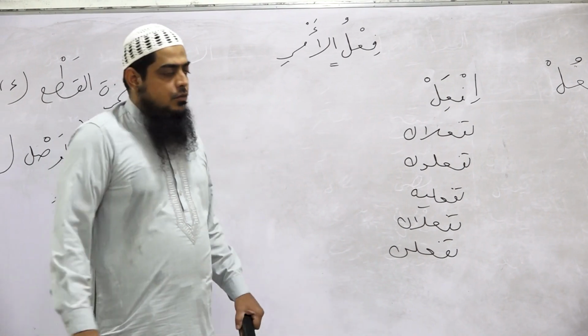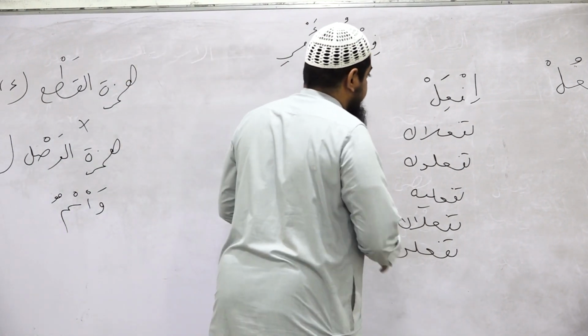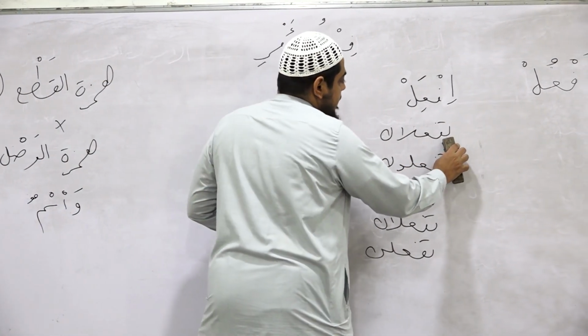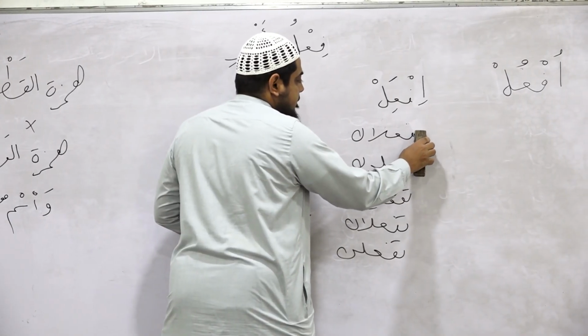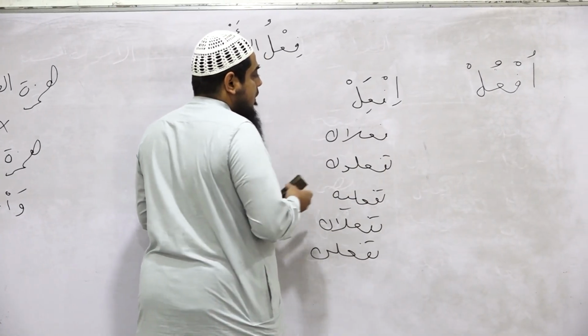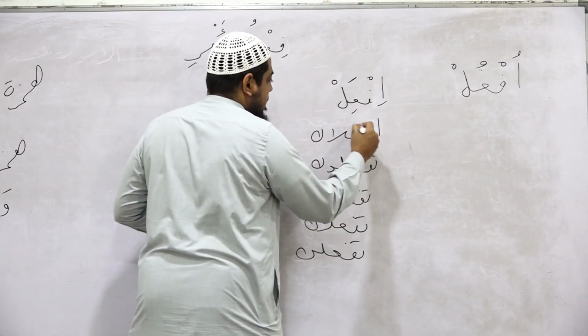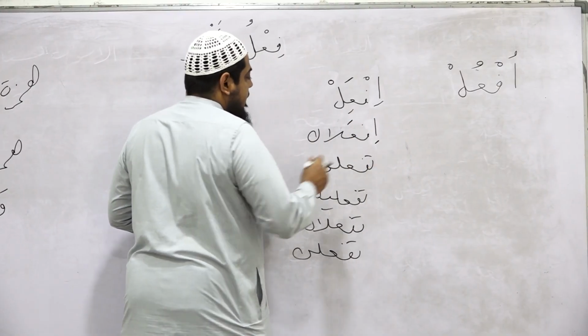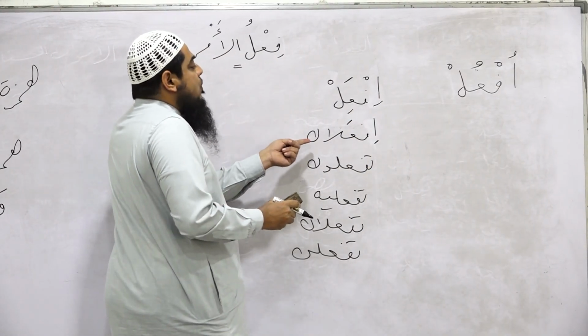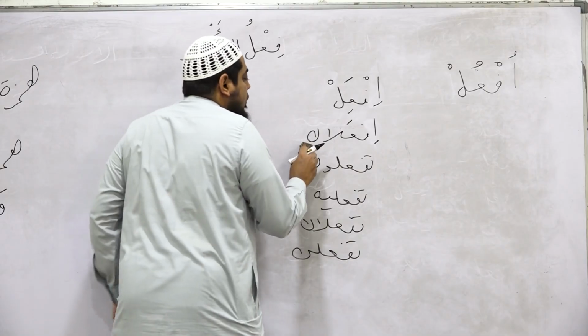All these are fi'lul amr. Here, you again remove ta. Again you put alif. And you put kasra here. And when you give sukoon at the end, this noon will go off.